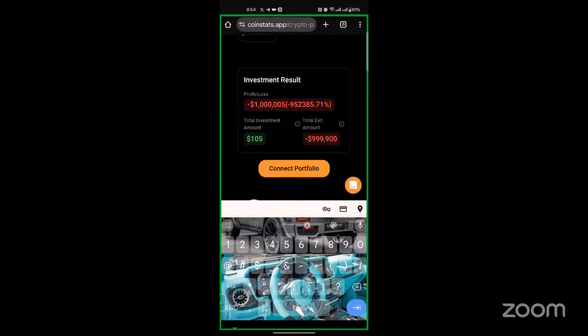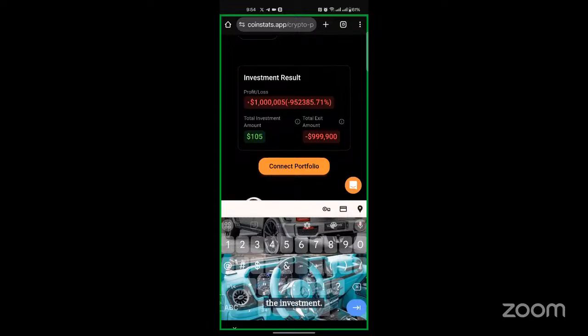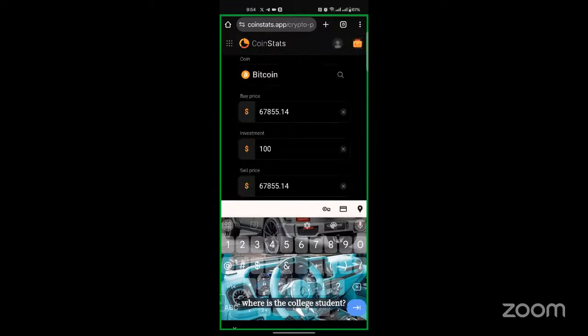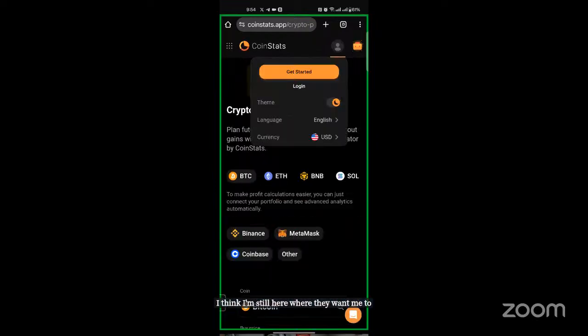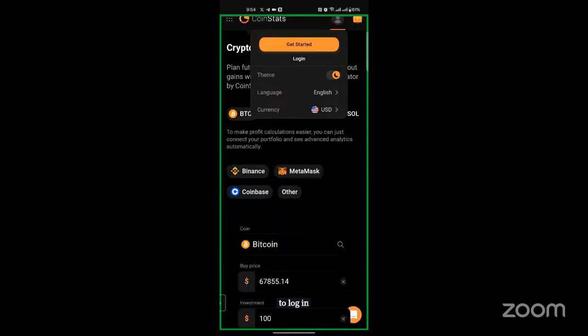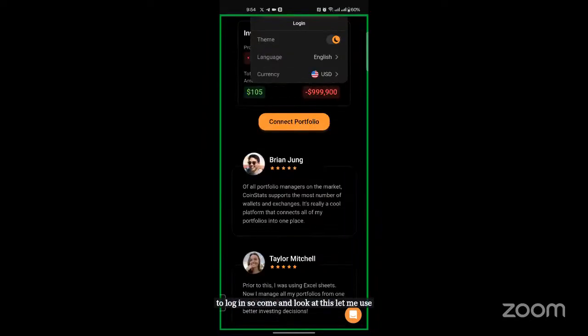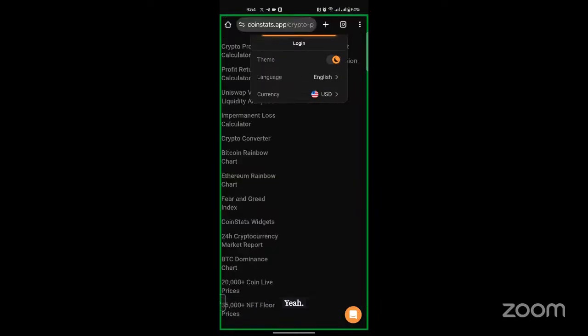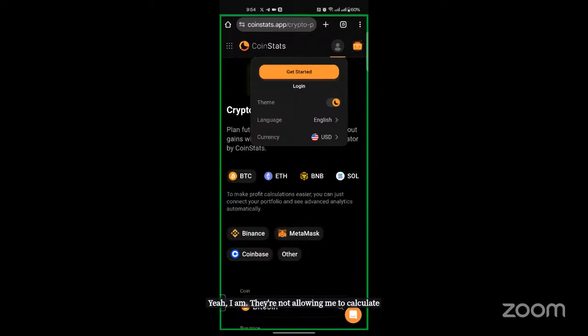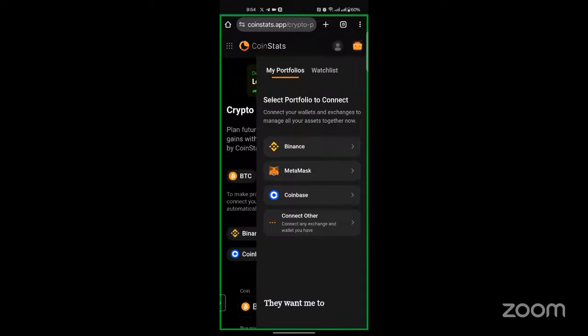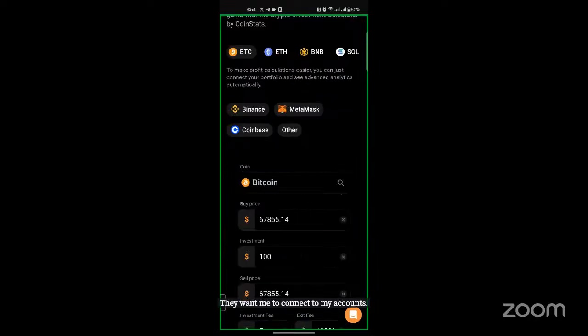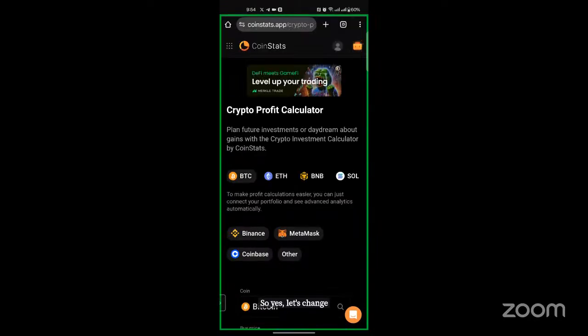Total investment. Where is the calculate? I think I'm still here where they want me to log in. They're not allowing me to calculate. They want me to connect my accounts. So let's change.